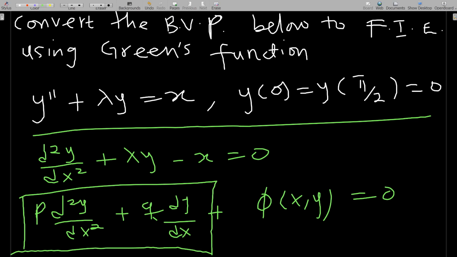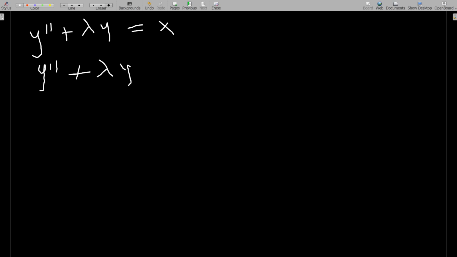So with the explanation I just gave, our question here is y prime plus lambda y equals x. If I send the x to the other side, I have y prime plus lambda y minus x equals 0. So you can see that if I want to find a function of both x and y, then it should be all these.